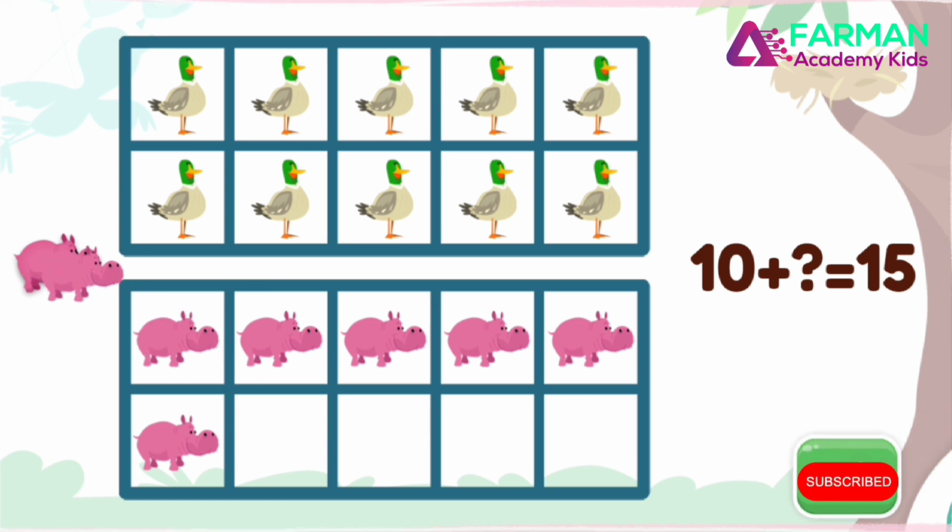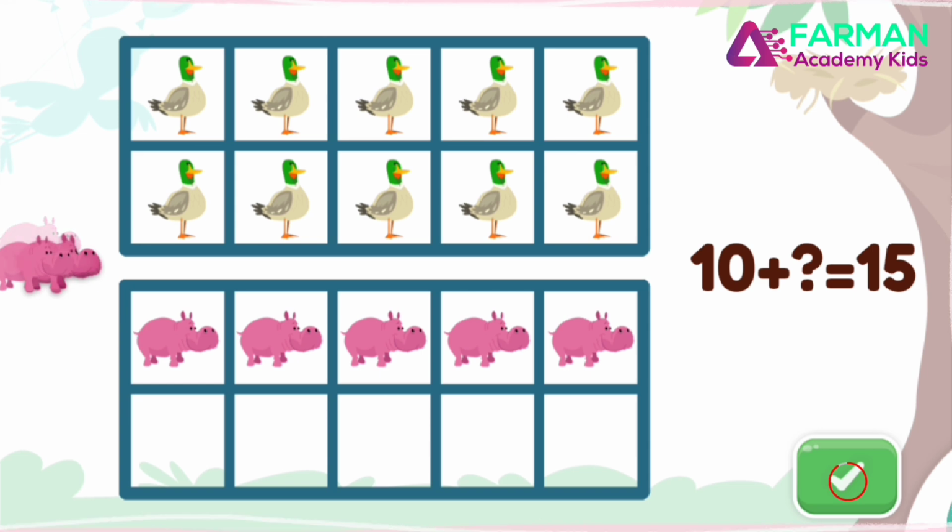Add the correct number of animals to solve the equation. 10 plus 5 equals 15. This is another way of solving 15 minus 10.